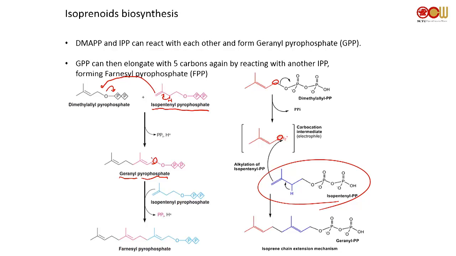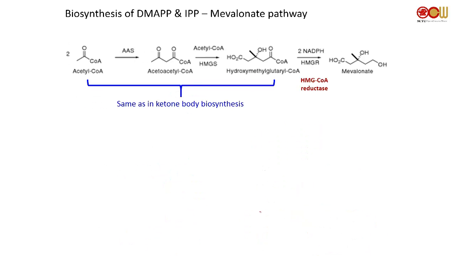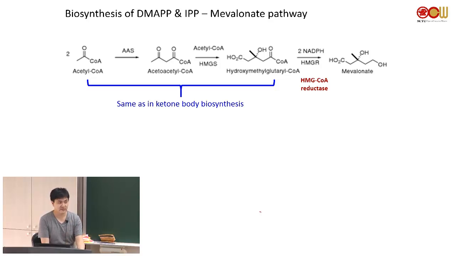And I'll show you in just a minute, but essentially squalene is two FPP coming together. I'll show you that a little bit later. But first, I want to talk about how you get DMAPP and IPP. DMAPP and IPP come from acetyl-CoA. So now you know cholesterol comes from where?